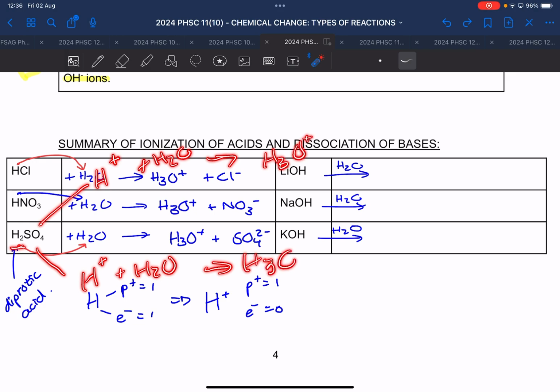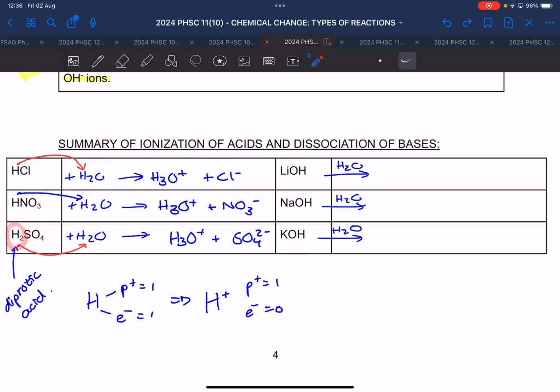So because it gives away 2 hydrogens, it will need 2 water molecules to produce 2 hydronium ions. Okay? And it will always be like that. If it is a diprotic acid, there will be 2, 2. If it is a triprotic acid, like this one, it will need 3 water molecules to give you 3 hydronium ions. So 3, 3, 3, always.